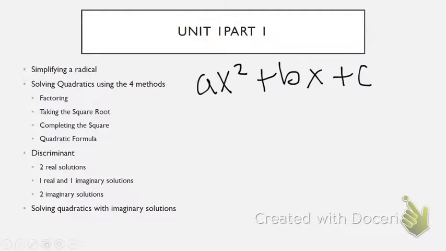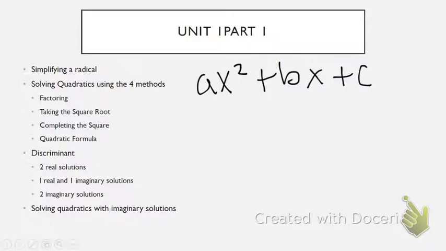Now, after that, we looked at the discriminant. The discriminant, recall, and I'll get into this more later, is simply what's underneath the square root symbol in the quadratic formula. What is that, Miss Smith?